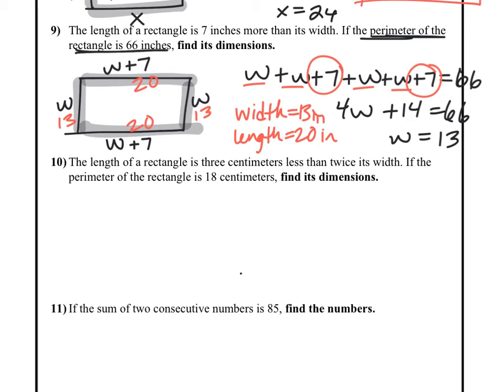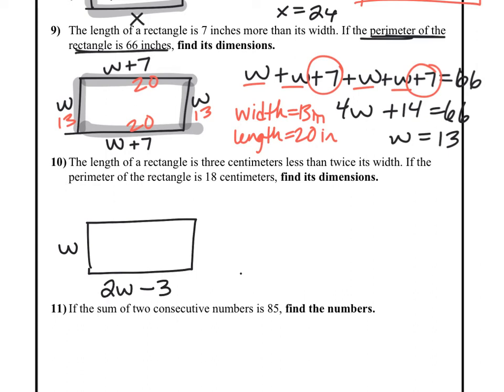Number 10. Another rectangle. The length of the rectangle is 3 centimeters less than twice its width. Okay. Don't know the width. Length is 3 centimeters less, so minus 3, than twice its width.